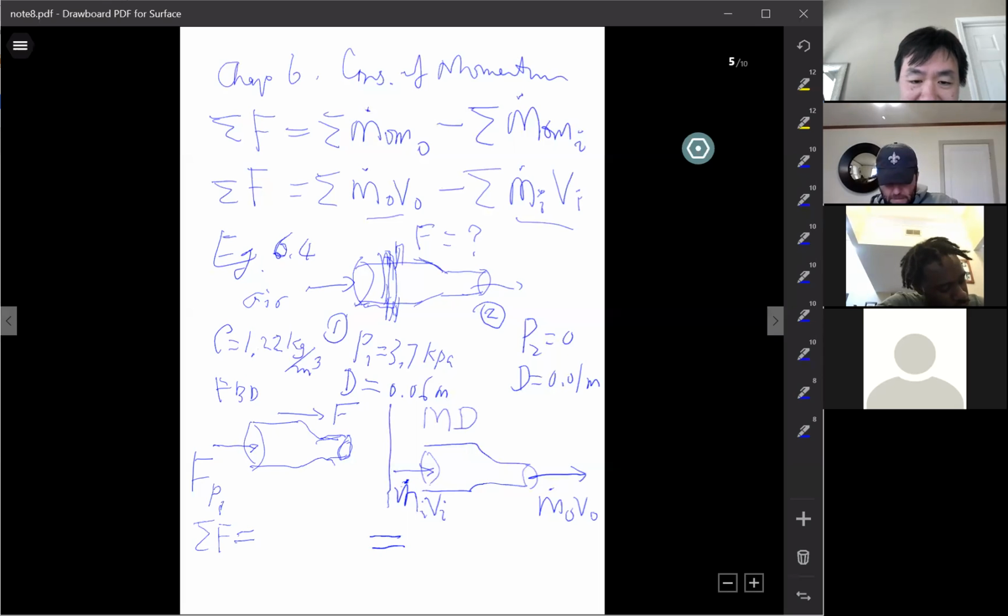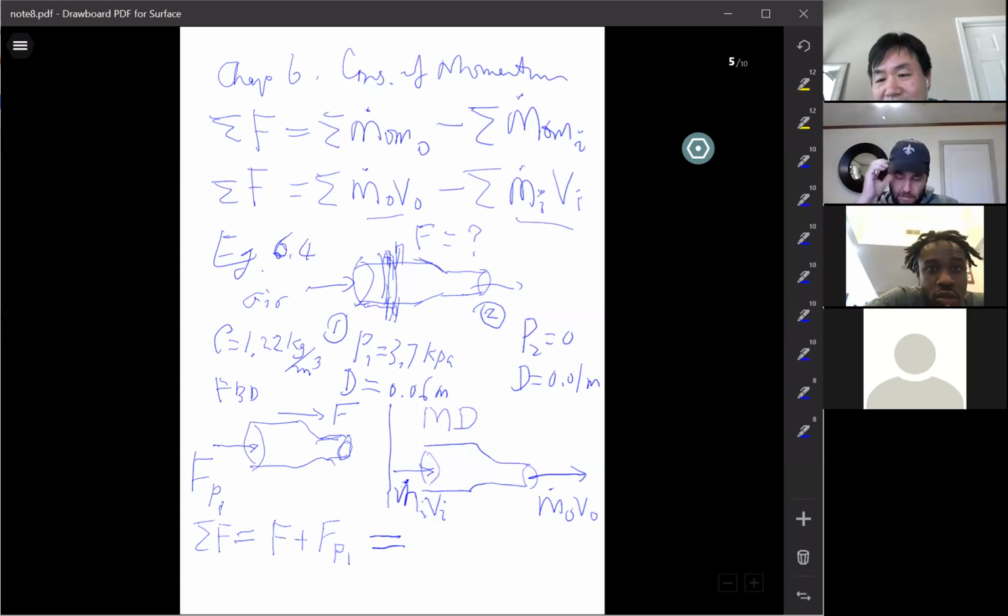Tell me. Summation of force. Put all the forces together for the 1D: F plus FP1. Since you specify the positive direction, both of them will be positive. Can you write this down?